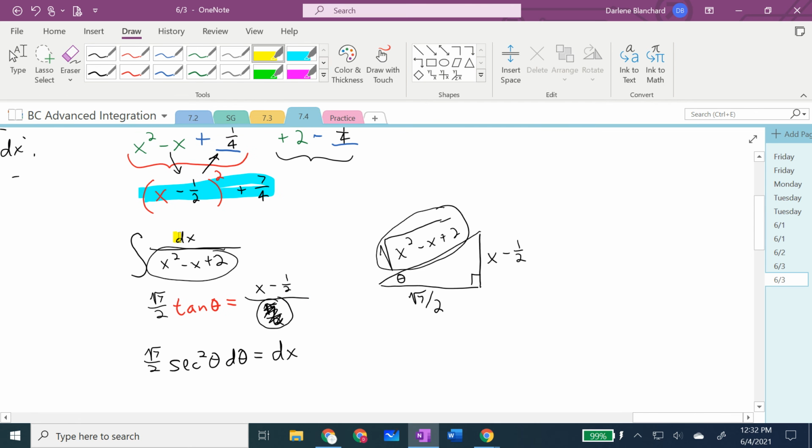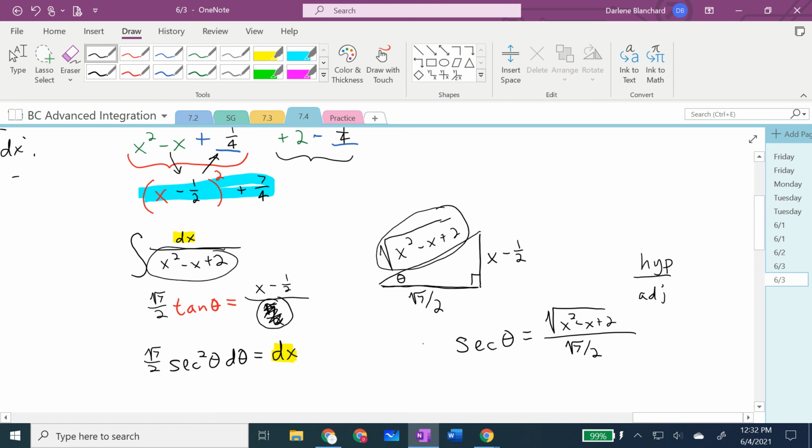I'm prepped with substituting in dx. And then I can look at the side that has that x squared minus x plus 2 is the hypotenuse. The side that has just a constant is the adjacent. So cosine's reciprocal is secant. And secant is that hypotenuse over the lovely root 7 over 2.